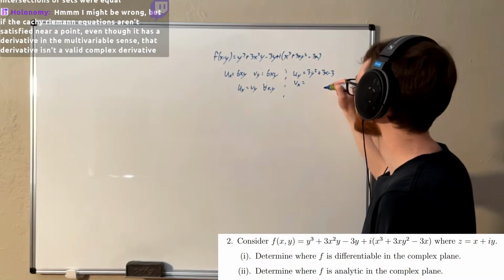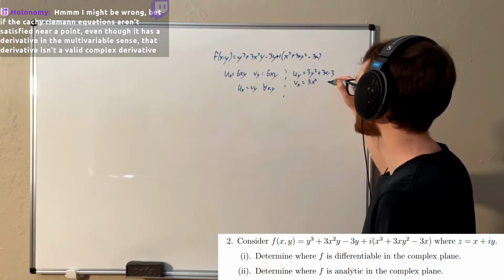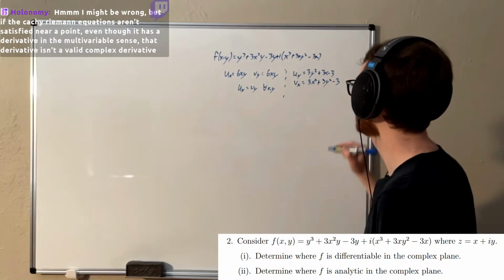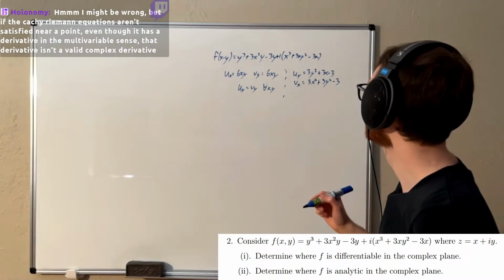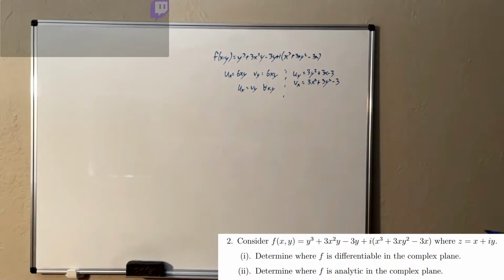V sub x is 3x squared plus 3y squared minus 3. Did I make an oopsie? I'm copying the problem down.